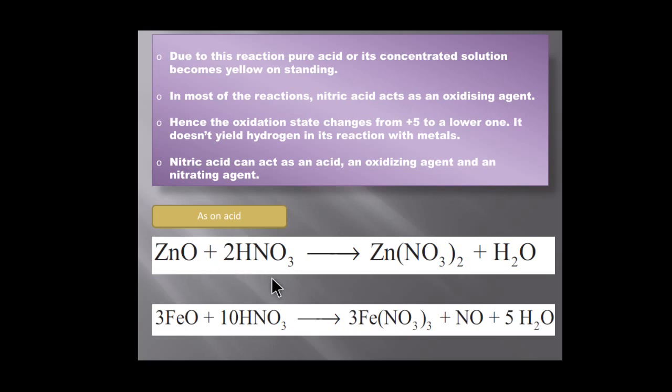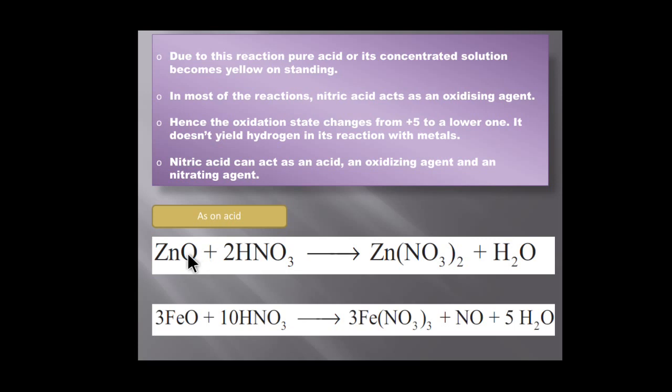Metal oxide reacts with nitric acid to form Zn(NO3)2. Is it clear? Here water is the excess product. So zinc nitrate is the product when nitric acid reacts with a metal oxide.